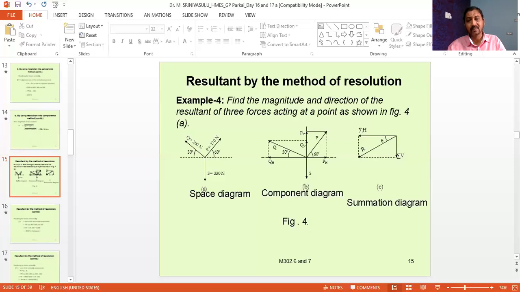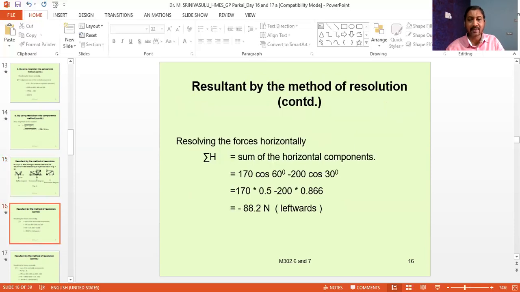The horizontal component of a vertical force is 0, and the vertical component of a vertical force is equal to the force itself.